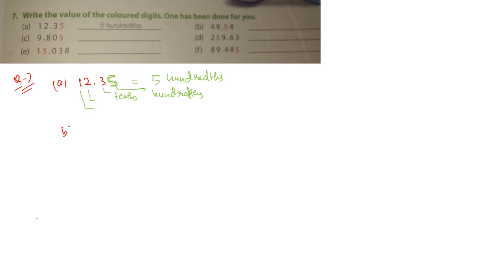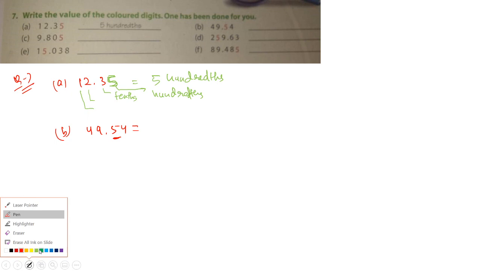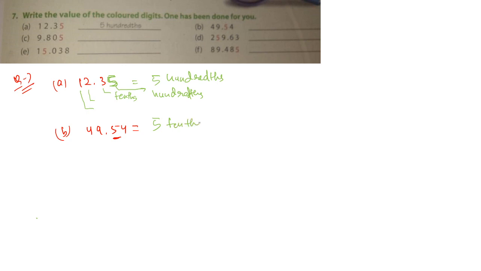Question B, 49.54, and 5 is colored. So what is the value of 5 here? So the value of 5 is 5. Since this is tenths, so 5 tenths. Okay, TENTHS.